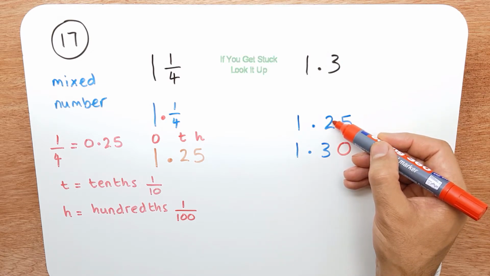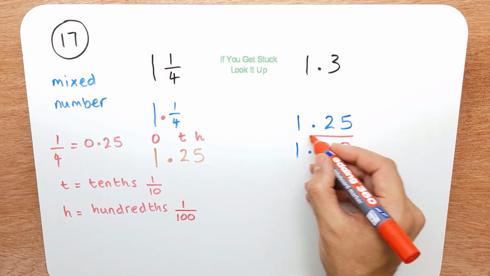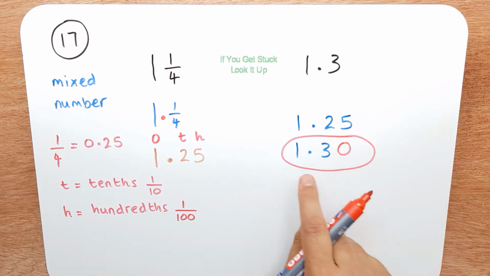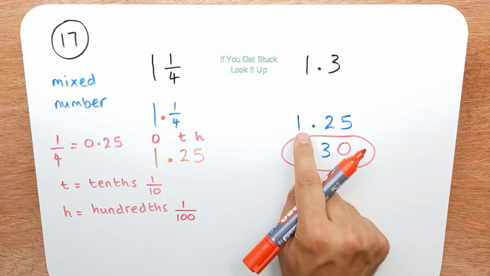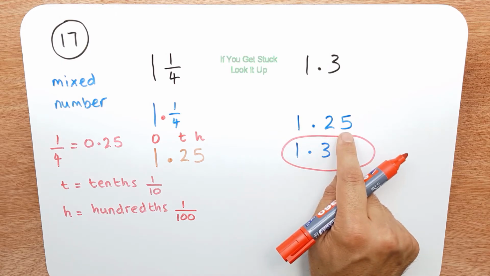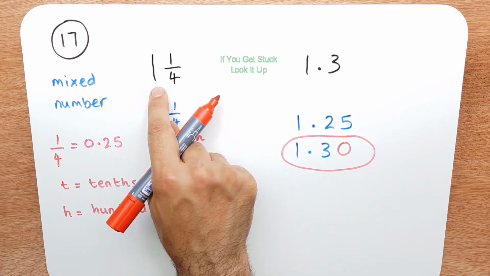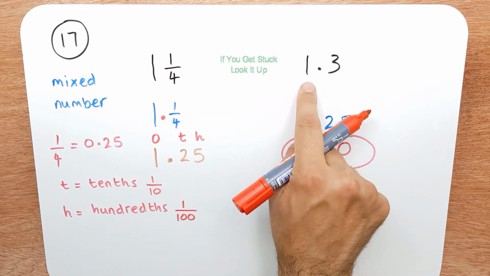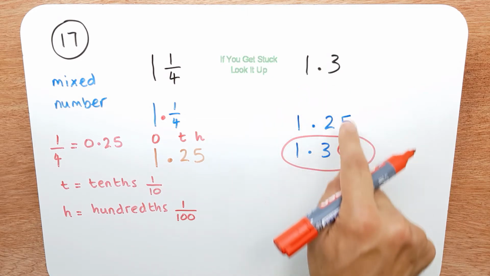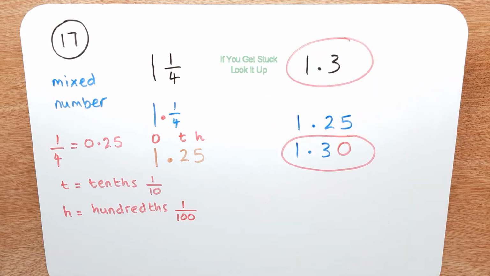Now we can see 2 is smaller than 3, so 3 is the bigger number here. So we know that 1.3 is bigger than 1.25. So this is 1.25 because we worked that out here, and this is 1.3. And we know 1.3 is bigger, so we'll circle this number.